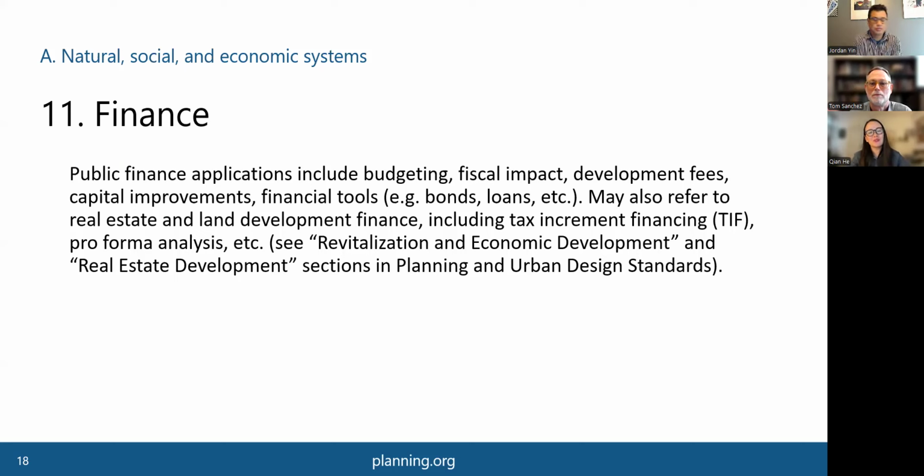Finance. So finance is a very important area of knowledge for urban planners because we cannot function without having adequate fiscal capacity and budget and revenue knowledge, etc. So public finance applications include budgeting, fiscal impact analysis, development fees, capital improvements, financial tools.